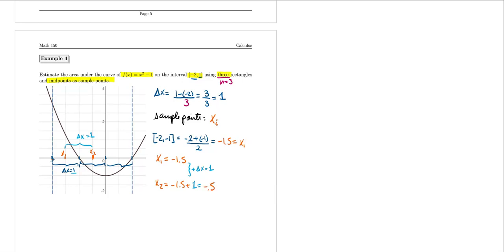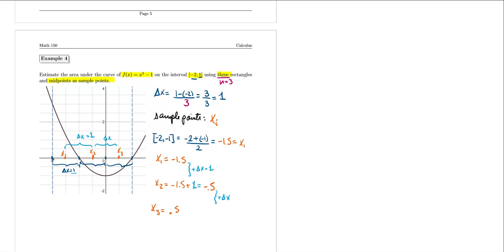All right, so to get the next sample point, we add another delta x. Now what's -0.5 plus 1? Well, that's going to give us a positive 0.5. And there we have it. This is our third sample point.